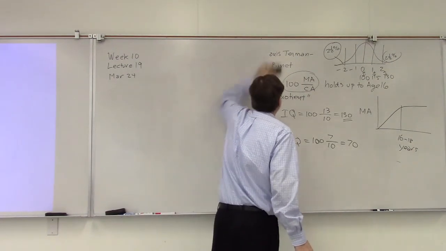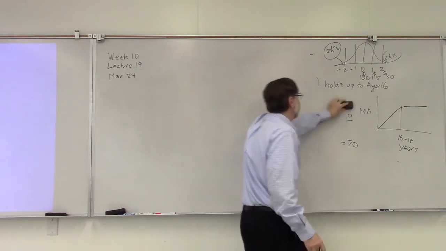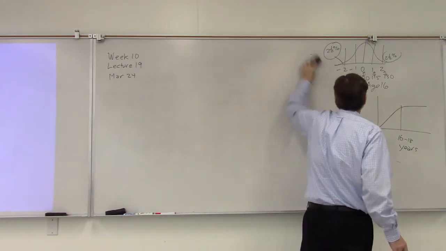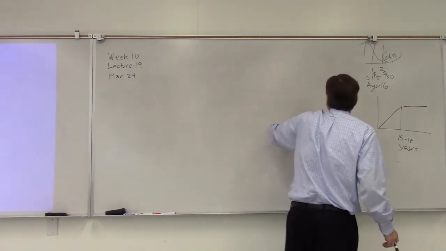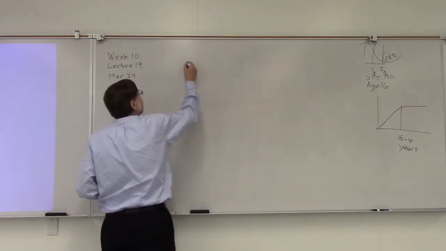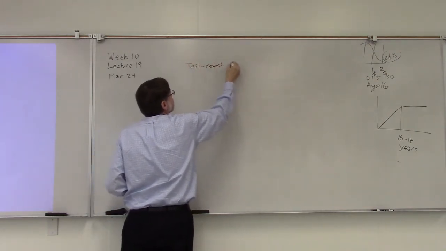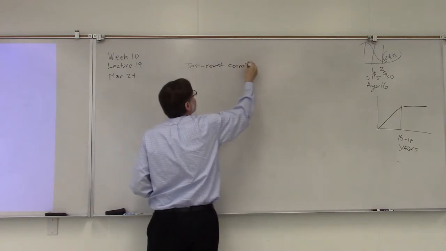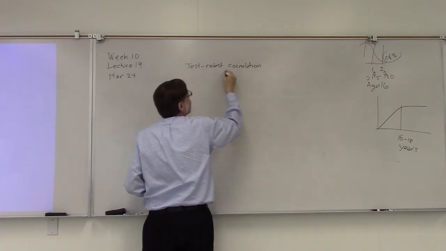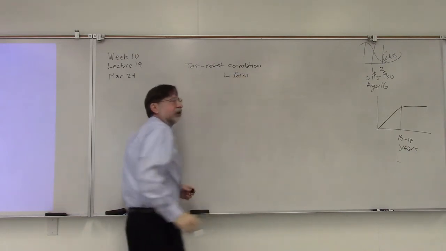Now the Stanford Binet, the English version, Terman created two versions with different items in it. And he gave the test to a group of kids and he calculated the test-retest correlation. So he gave them what was known as the L form with one kind of question.